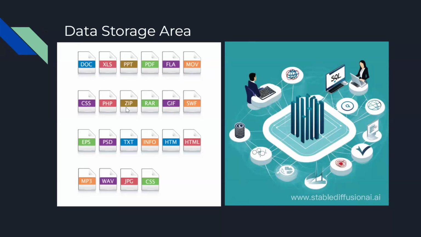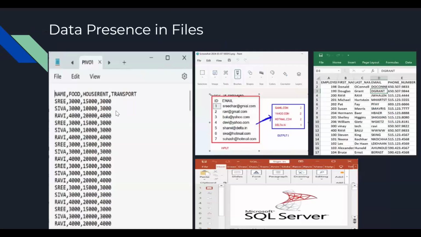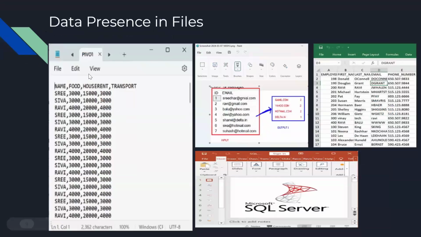Okay, see now, this is all your data. Here I am keeping the data in text format, here in picture format, here in PPT format, and here in Excel format.